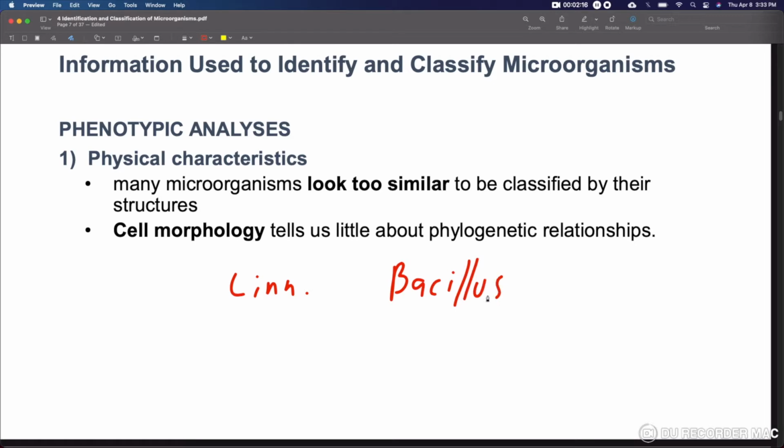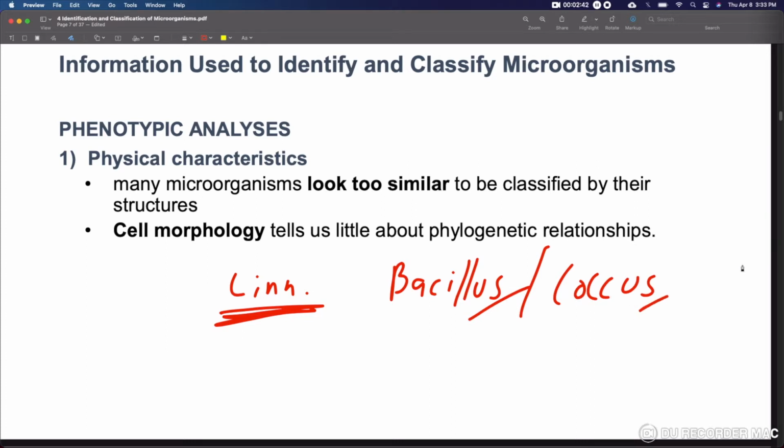No? For his classification, he uses Bacillus and Coccus. So you can already see the problem here, right? If you're just using this physical character, if you're using the classification scheme of Linnaeus back then, he's just using Bacillus, Coccus to identify and characterize organisms.